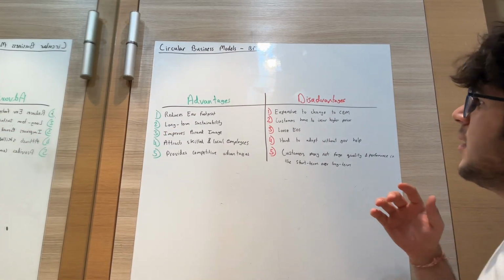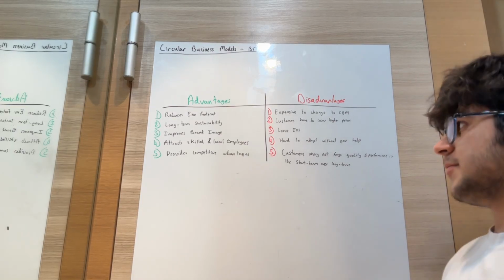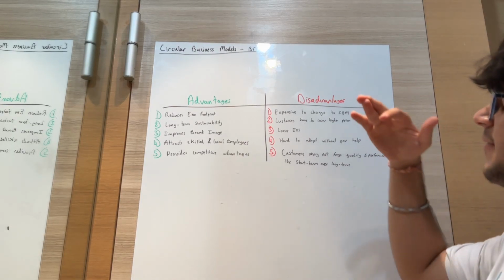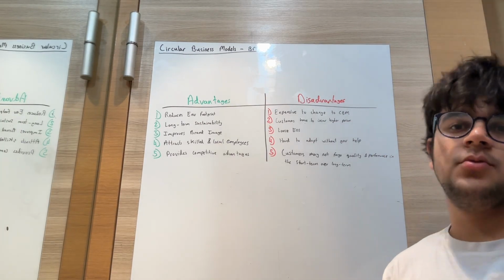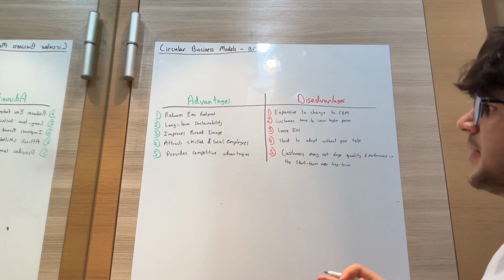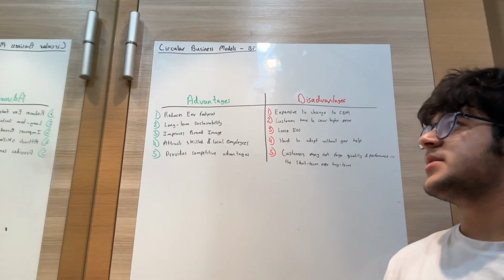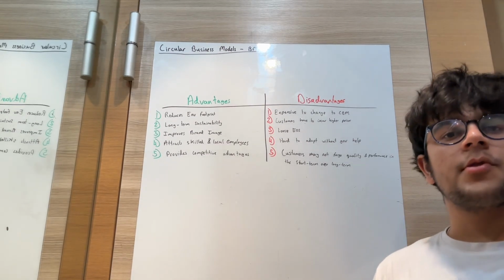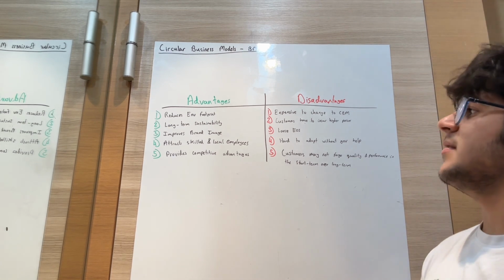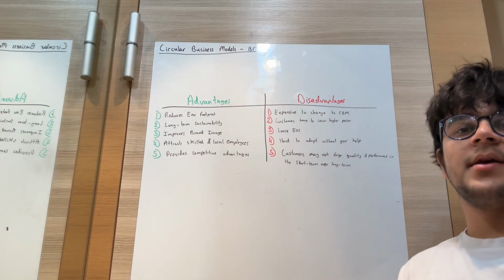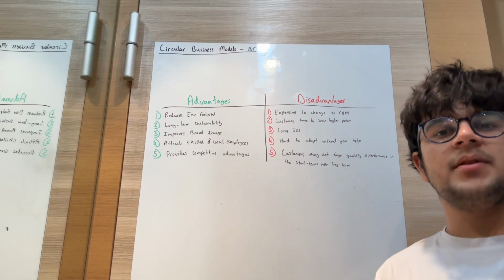Okay, so this is just the final quick evaluation of circular business models. Firstly, the advantage is that essentially it does what it aims to do, okay? It reduces your environmental footprint, and this is really good for your business because it's very good for the earth, not just from a business standpoint. Long-term sustainability is also a key aspect, and not just environmental sustainability, but resource sustainability as well.